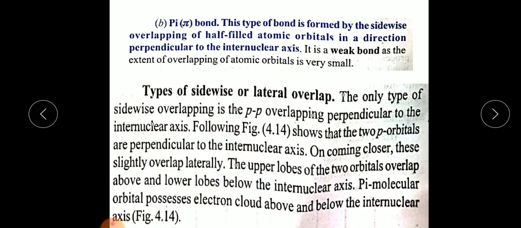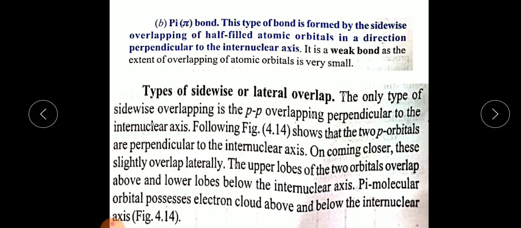Next we discuss the second type of bond, pi bond. Just to remind you what is sigma and pi bond: if you have seen the electron dot structure of oxygen, we have a double covalent bond between the oxygen atoms.